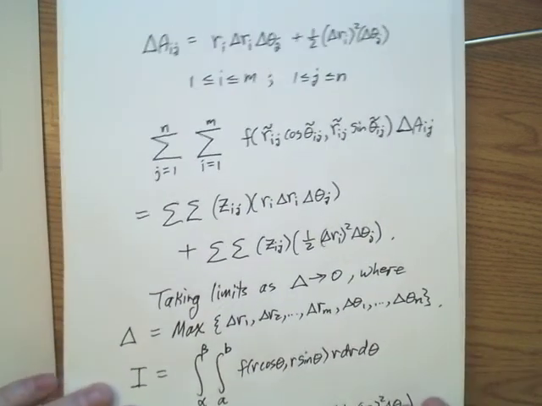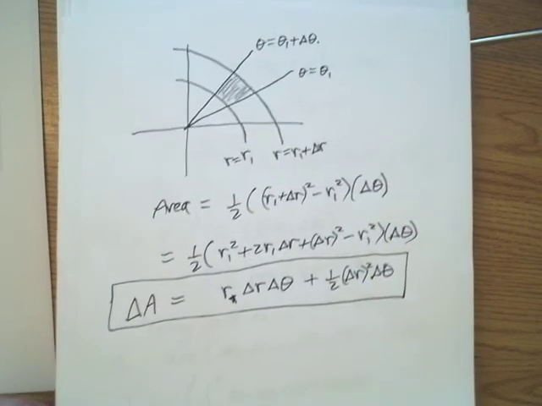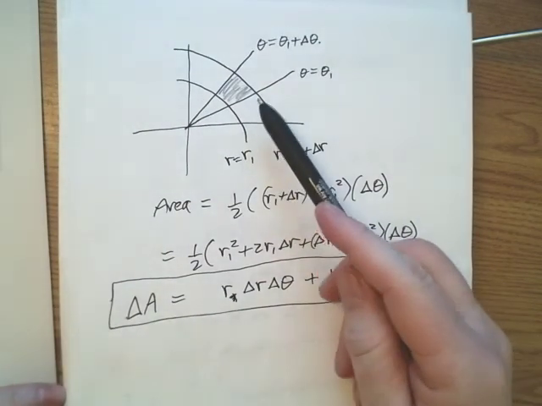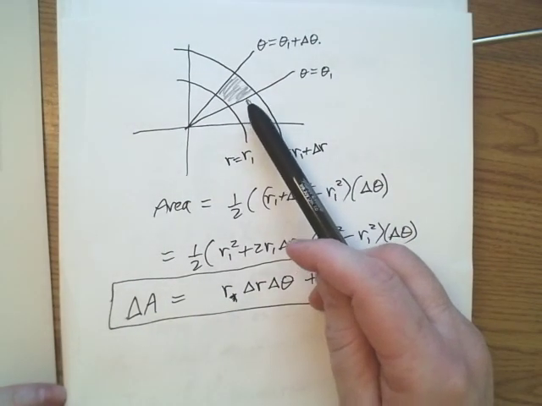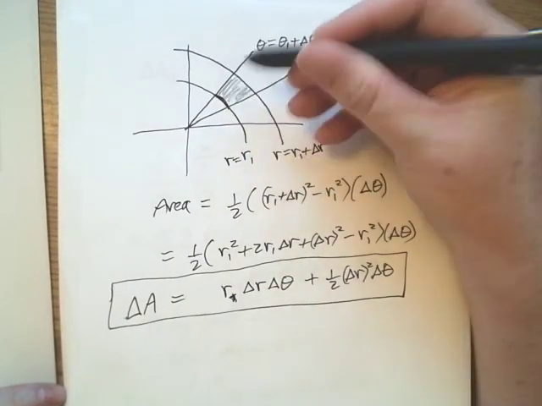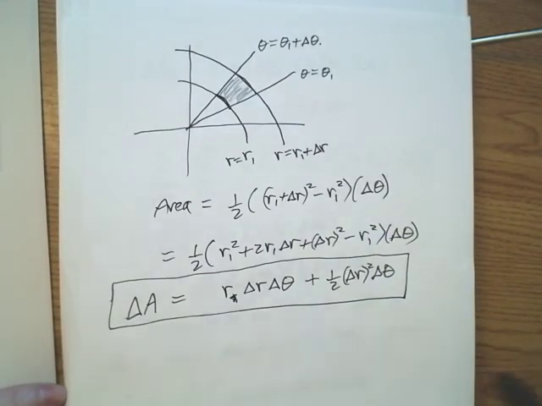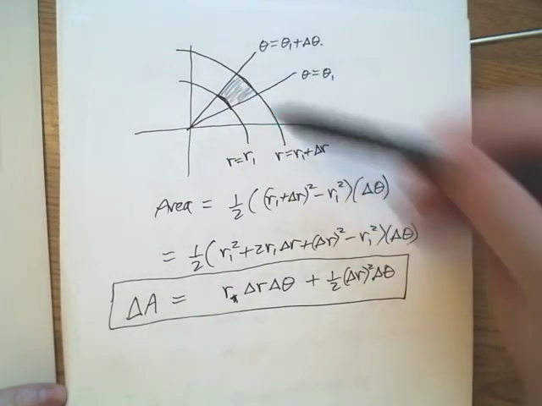Let's go back and talk about this for a second. If you remember, when we were talking about the area of a polar rectangle, I'm going to talk about this as the lower value for the radius. Then I had a change in the radius, and then a change in the polar angle.